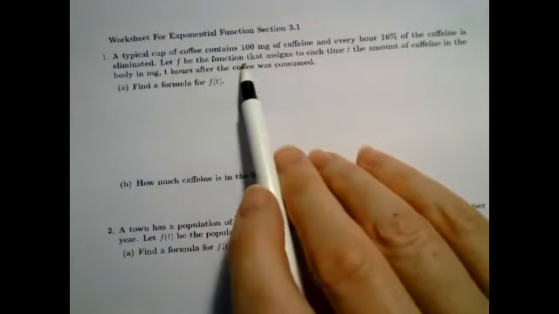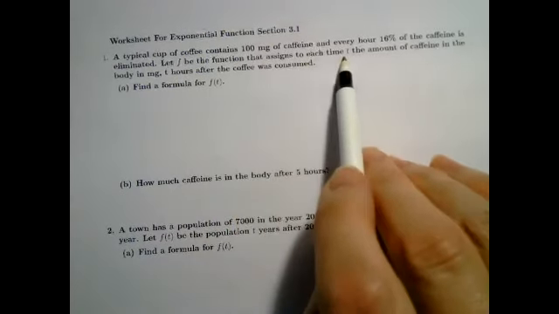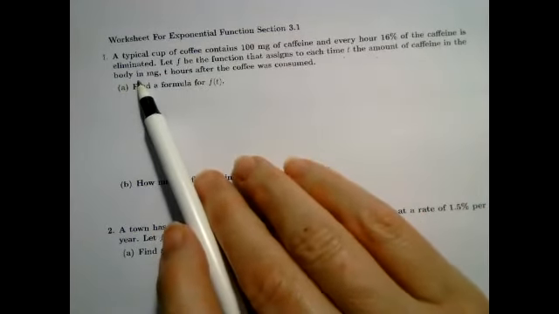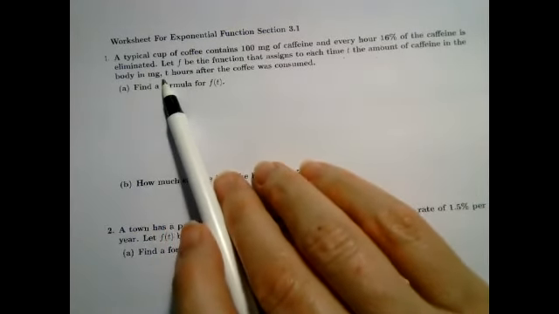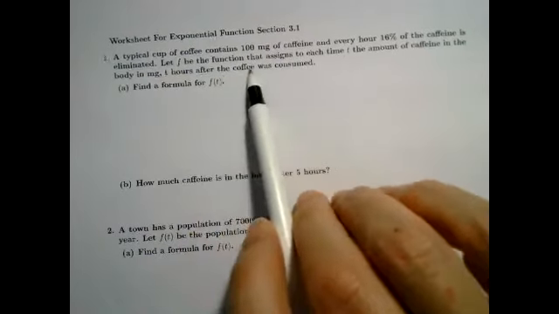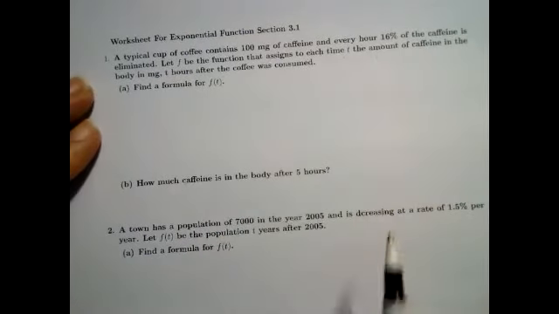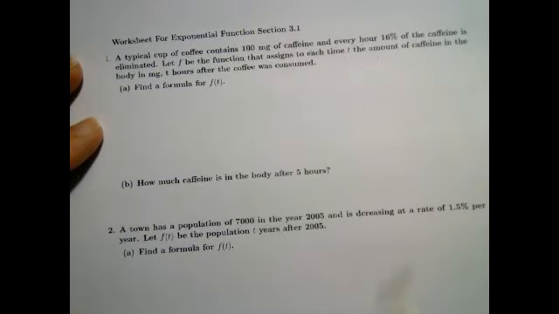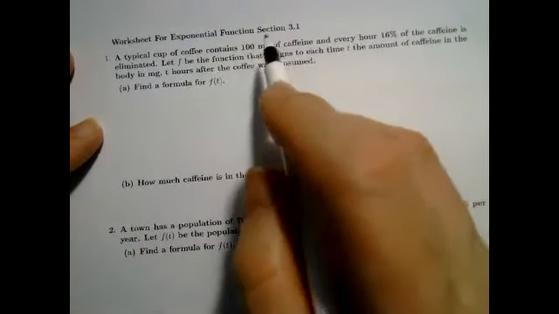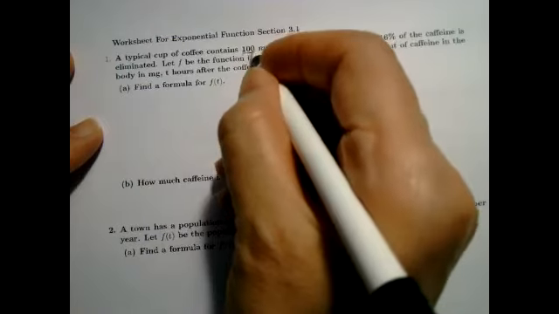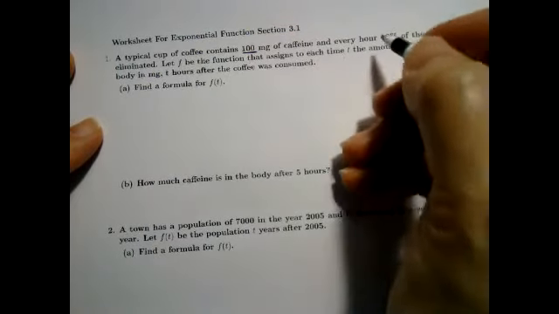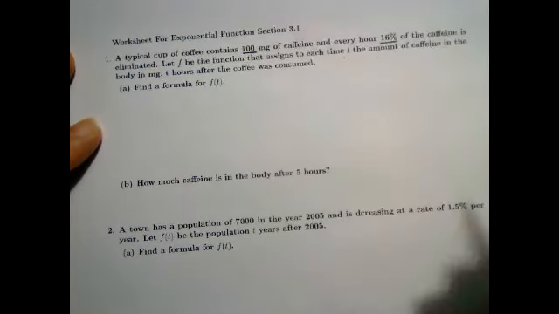Let f be the function that assigns to each time t the amount of caffeine in the body in milligrams, t hours after the coffee was consumed. Find a formula for f of t. So what's the scenario here? You start initially with 100 milligrams, and every hour you lose 16%.